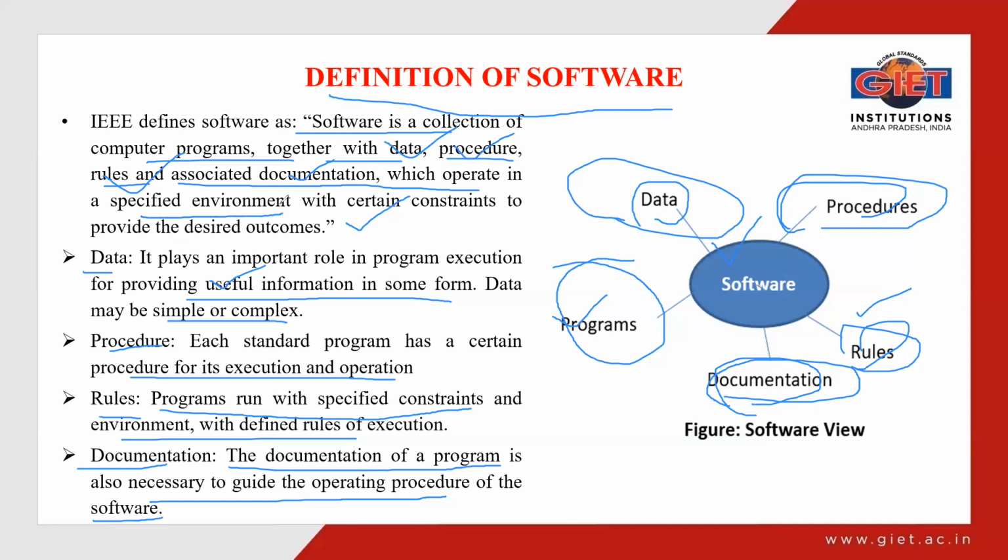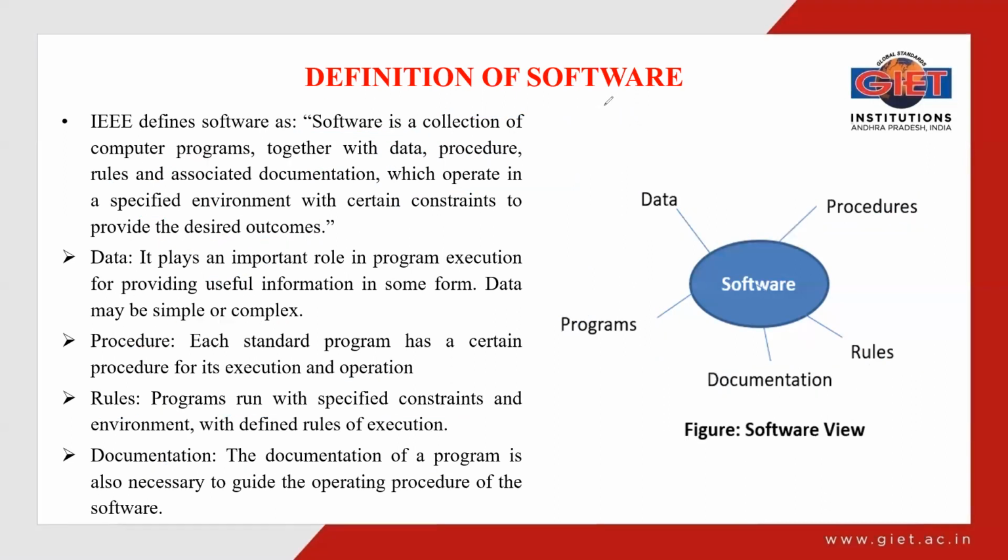That means it should run in some specified environment with certain constraints to provide the desired outcomes. Data is useful to give information to get the desired outcome, which is the output. This is the definition of software given by IEEE.